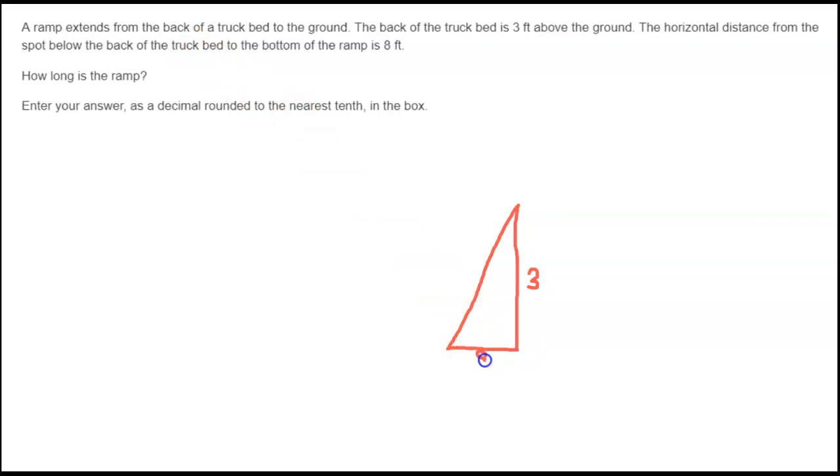Now, obviously, my drawing is not to scale. And they're asking you how long is the ramp. So we're going to call this right here the ramp, and you're going to set this up to say a squared plus b squared is equal to c squared. Enter your answer in the box and round to the nearest tenths.